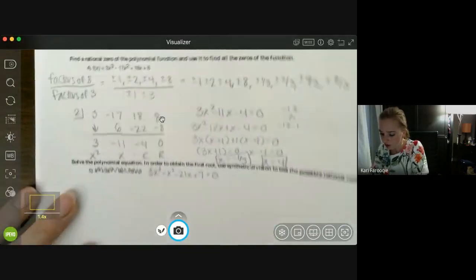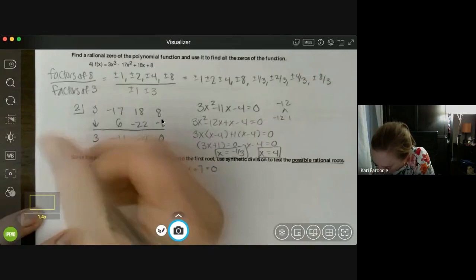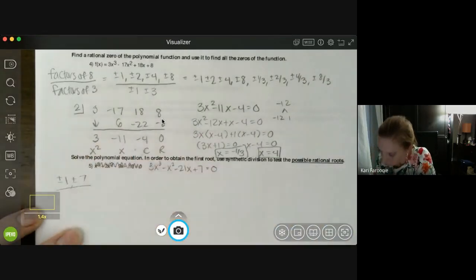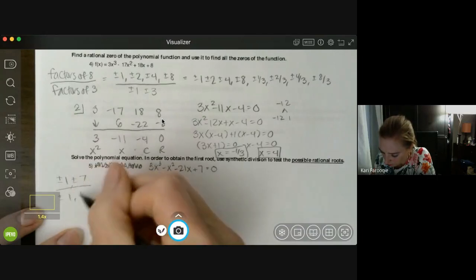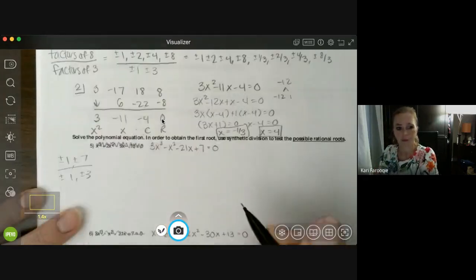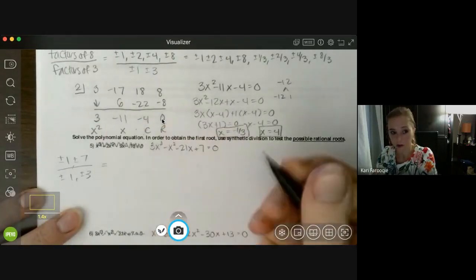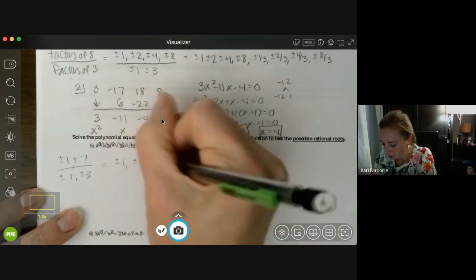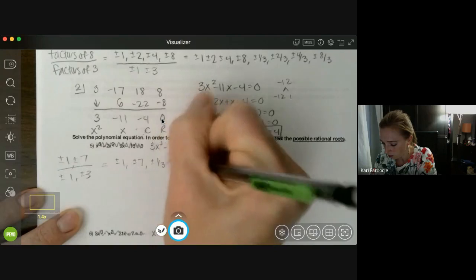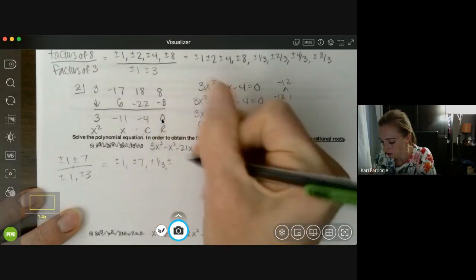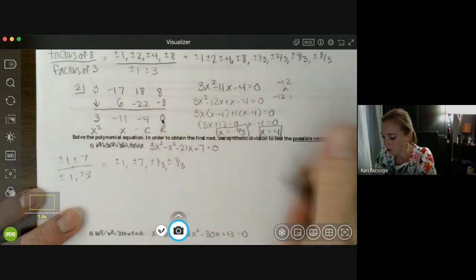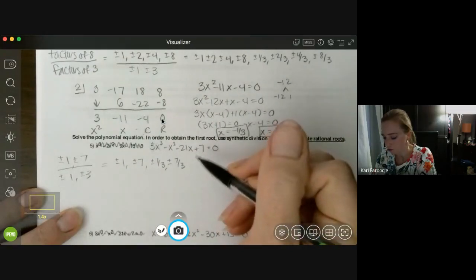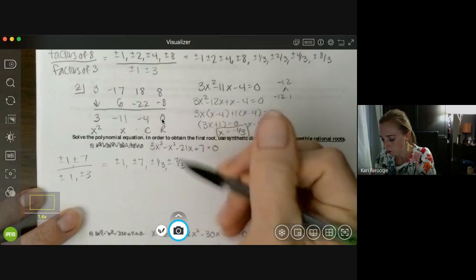All right, so finding your possible rational zeros, you've got factors of 7 over factors of 3. So you can see that 1/3 is in your list of possibles. So you've got 1, 7, 1/3, and 7/3. Now you could have always checked to see if 7/3 was that decimal, but I would probably stick with the 1/3.